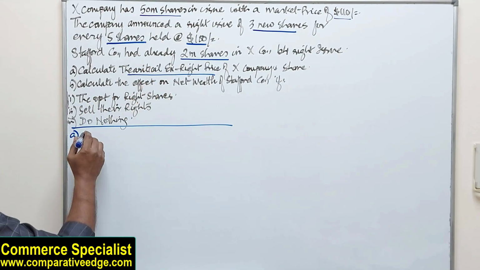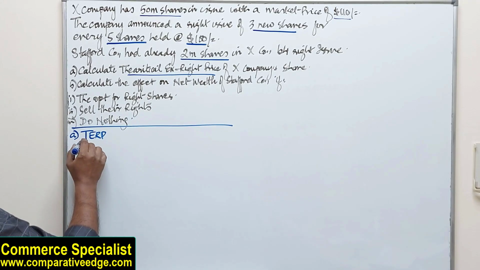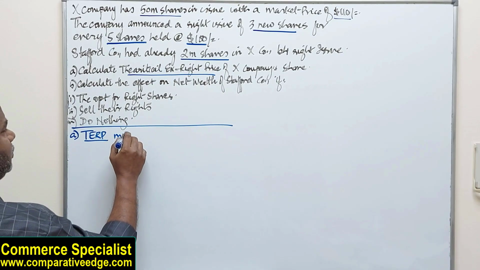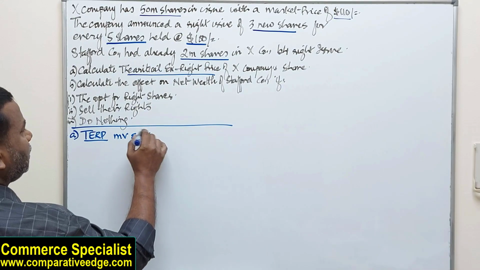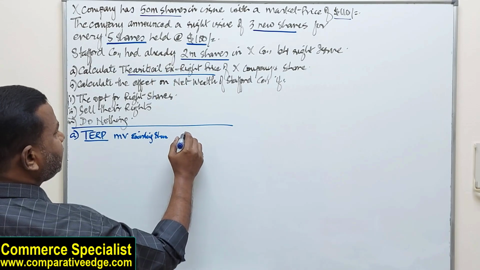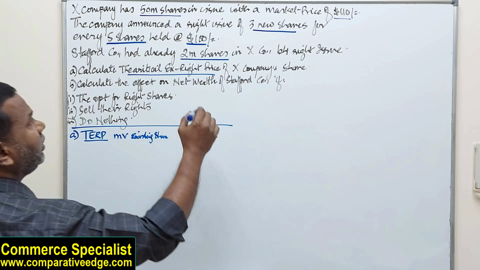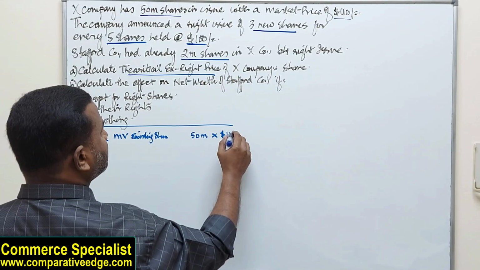Theoretical ex-right price is normally called TERP. What we do here is first we look at the market value of existing shares. So there are 50 million shares and the market value is 110.